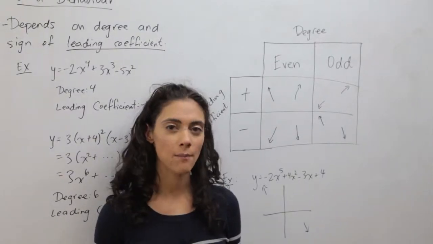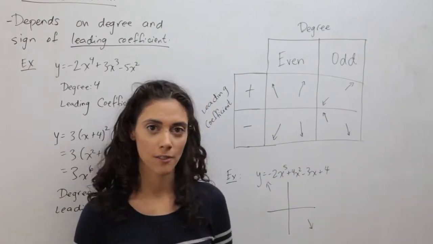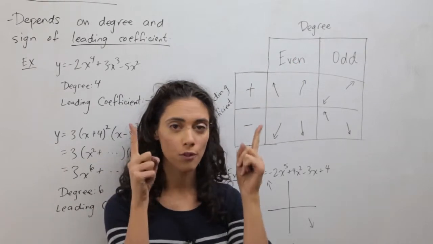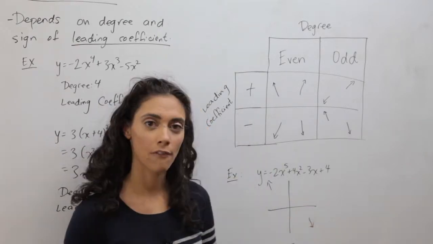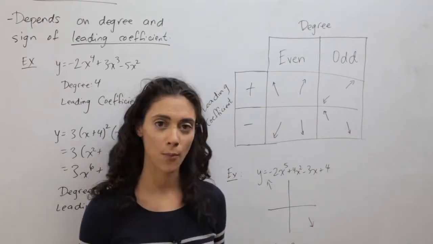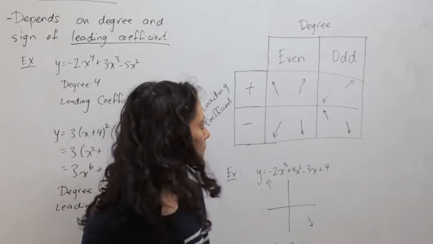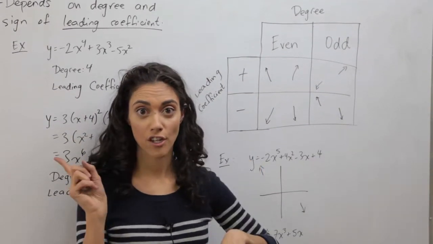So let's put this all together. We can determine the end behavior of a polynomial based off of its degree and its leading coefficient. If it's an even degree polynomial, either the ends will point up toward positive infinity or down toward negative infinity. Depends on your leading coefficient. If it's positive, it's pointing up, and if it's negative, it's pointing down. That probably makes sense to you because you've seen it with parabolas already. If you have an odd degree polynomial, they always point in opposite directions.